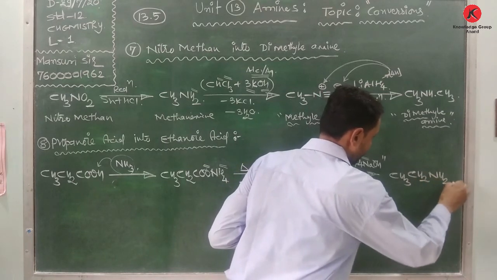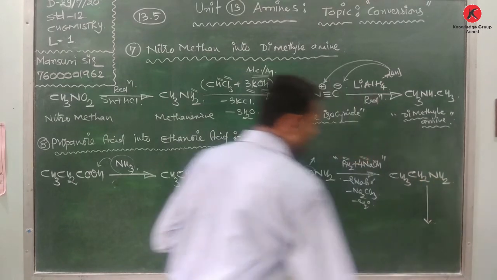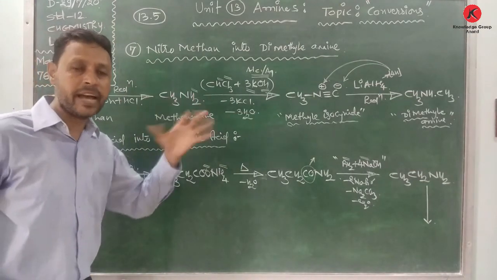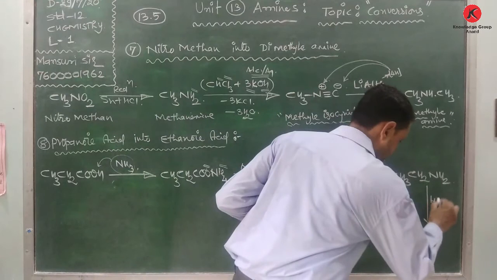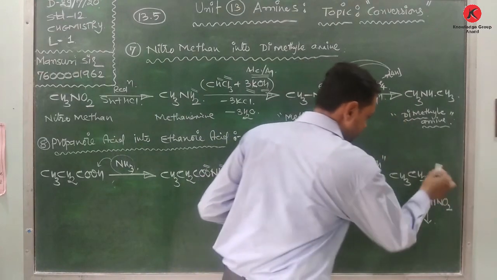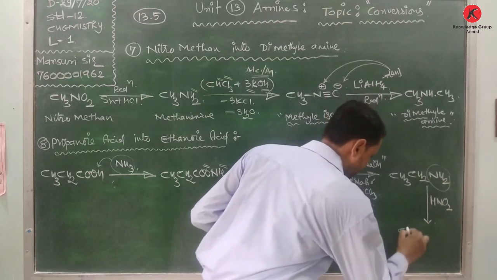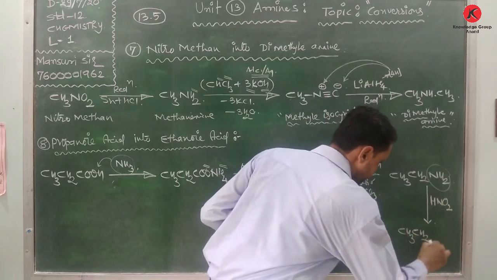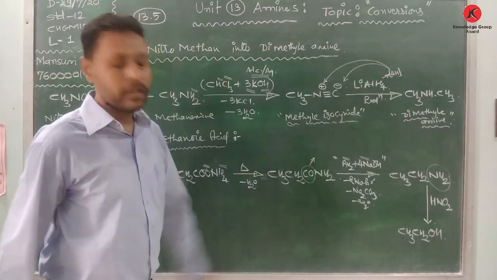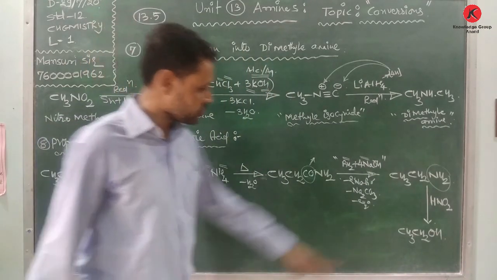This is my ethanamine. Now it is converted into ethanol by using nitrous acid. You know very well how it is possible. Then NH2 is removed by OH. CH3CH2OH is formed, as we know in the previous reaction.